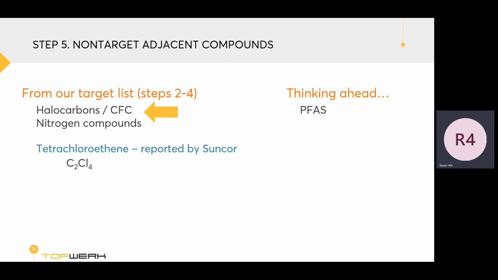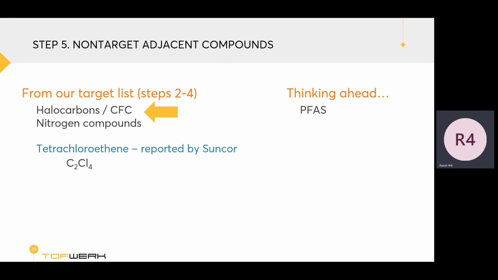For target-adjacent compounds, from our target compounds list, which we developed in the first step, it's pretty clear that halogenated compounds are interesting. Nitrogen species are also of interest. Tetrachloroethene was at the top of our list because of the company's own fenceline monitoring.